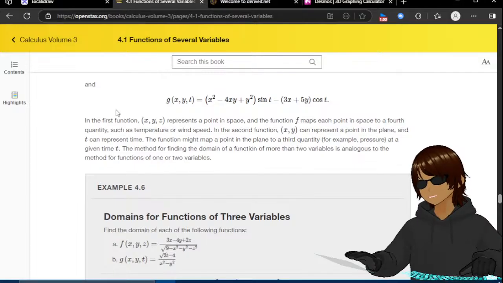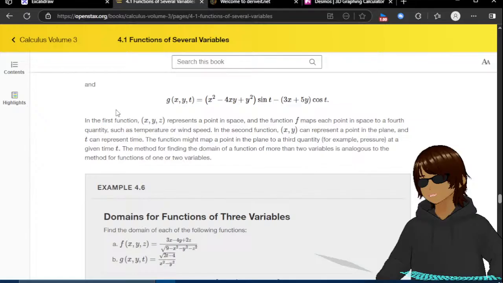In the second function, x, y can represent a point in the plane, and t can represent time. The function might map a point in the plane to a third quantity, like pressure, at a given time t. The method for finding the domain of a function of more than two variables is analogous to the method for functions of one or two variables.